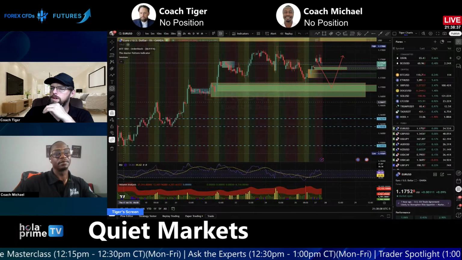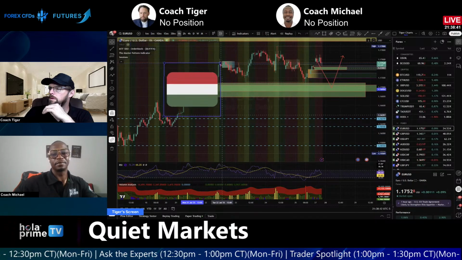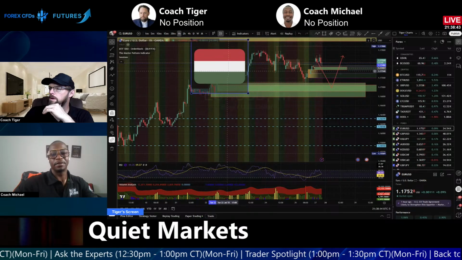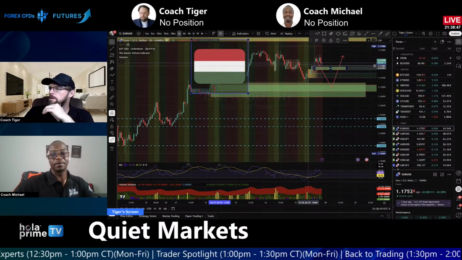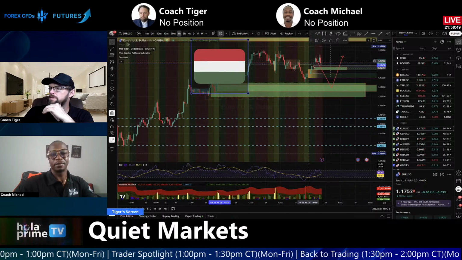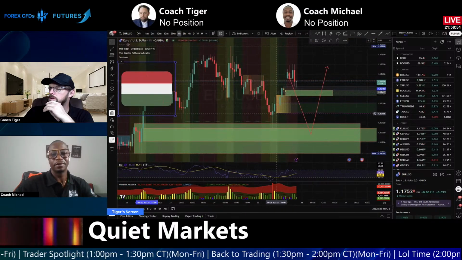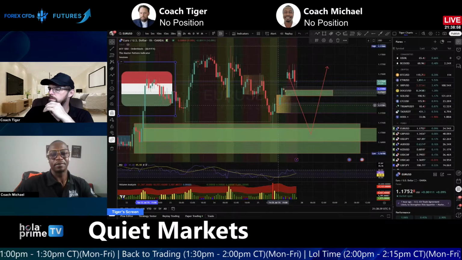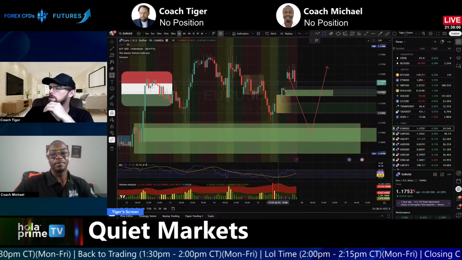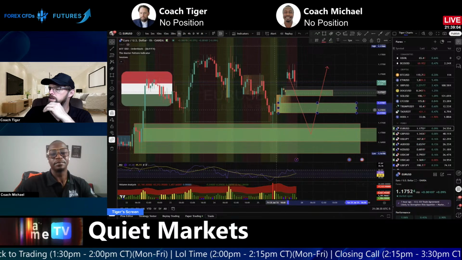Looking at my flag, swing low, swing high, that's the diddling in the middle. So euro dollar, give me a little bit deeper of a retracement. This zone here looks decent. I wish there was more volume coming out of it when you look at the VSA candles underneath.